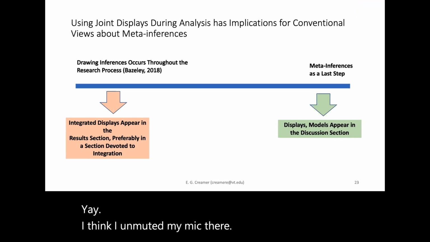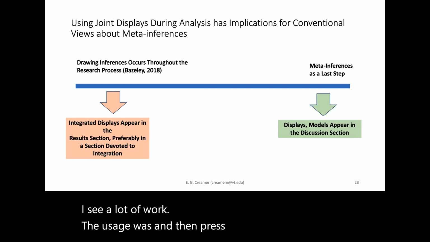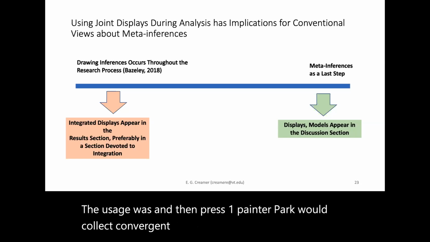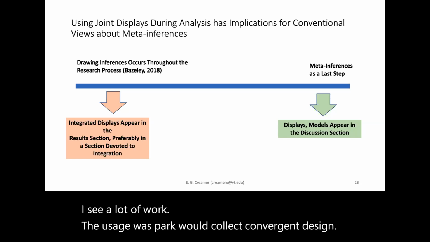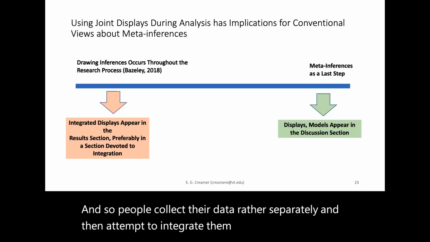Yeah, I see a lot of work in mixed methods that uses what I think Creswell and Plano Clark would call a convergent design. People collect their data rather separately and then attempt to integrate them in the analysis.